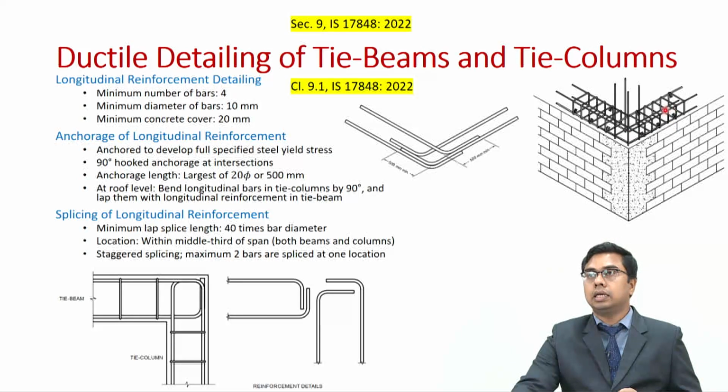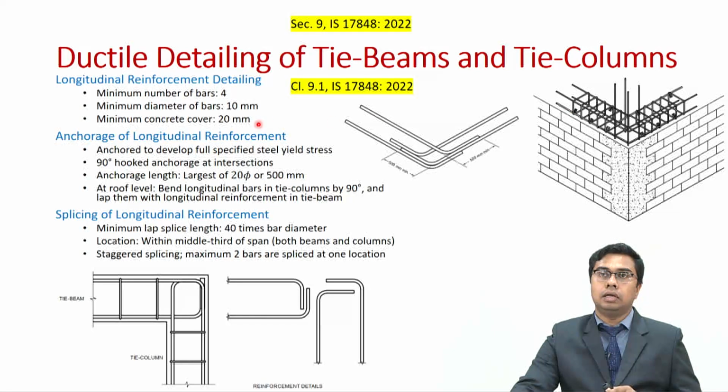In such cases, providing 4 number of bars should be sufficient in most of the cases. Now, this is very lightly reinforced compared to reinforced concrete frame buildings. The minimum diameter of bars that you shall use as longitudinal steel in tie beam as well as tie column shall be 10 mm dia bars, and you also need to provide a minimum concrete cover of 20 millimeters.